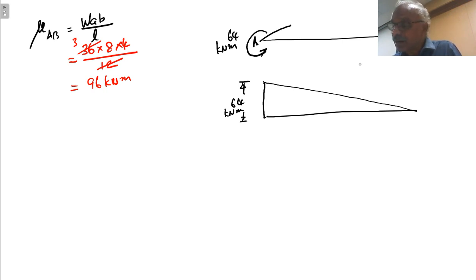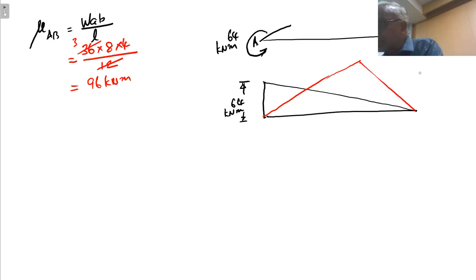Now this will be maximum under the load. Therefore, under the load point you superimpose this simply supported moment. It is linear, and this value equals 96 kilonewton meter.